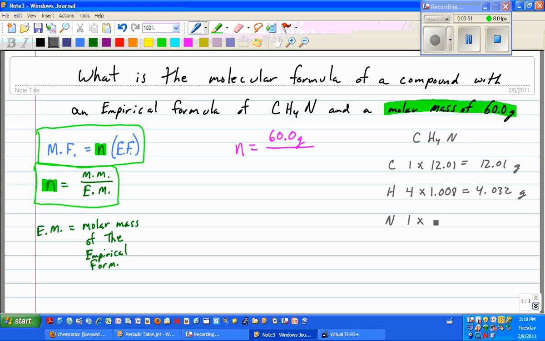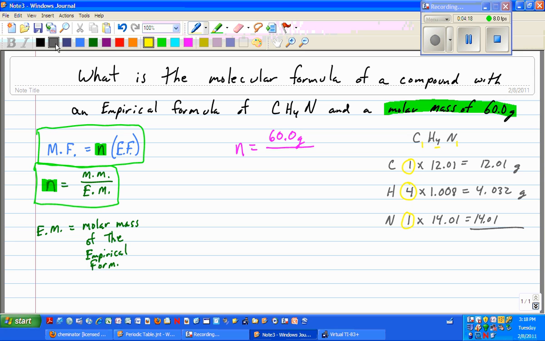And then we've got 1 times 14.01, which is equal to 14.01. Again, that comes from our subscripts here. These are understood to be 1 and 1 because there's nothing written there. And then, of course, that 4 goes here.